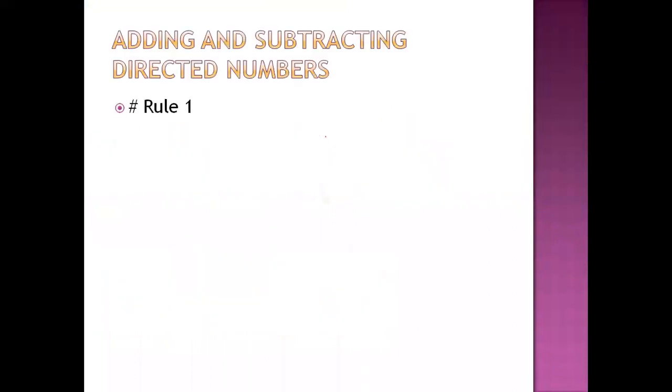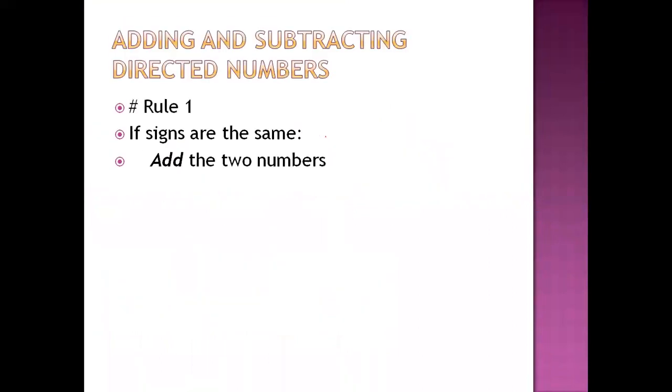So today, let's start with rule number 1. What do we do on rule number 1? Rule number 1 is where we are adding directed numbers. If signs are the same, I think that's very important there. Please remember that. Let me just repeat that.